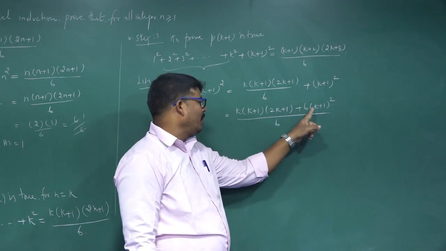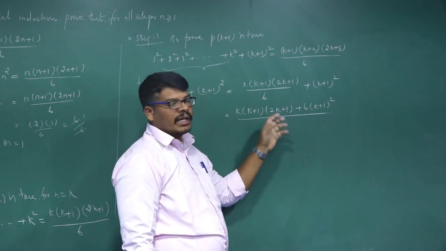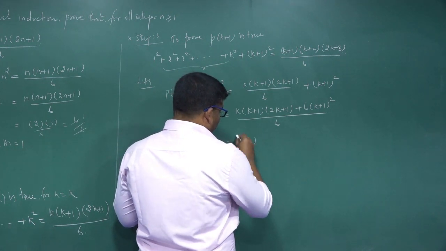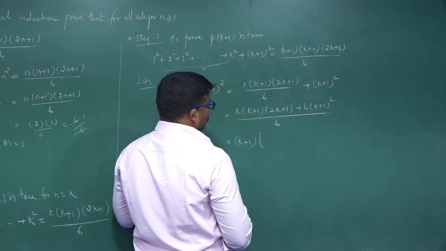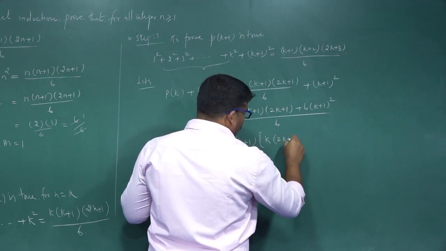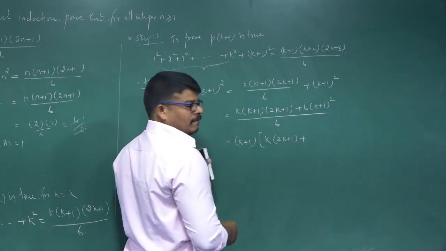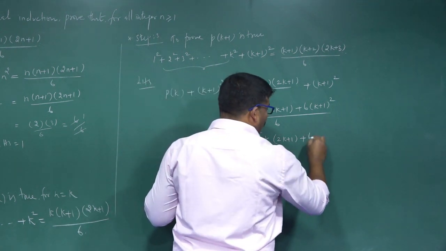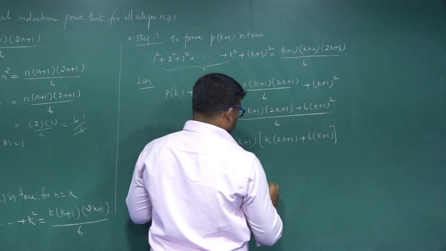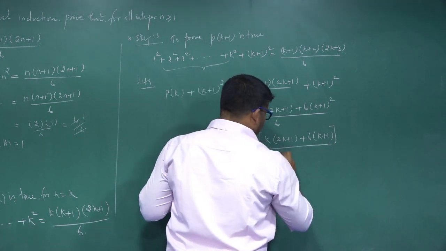Taking k plus 1 outside, k plus 1 into the remaining terms: k into (2k plus 1) plus 6 times (k plus 1), divided by 6.